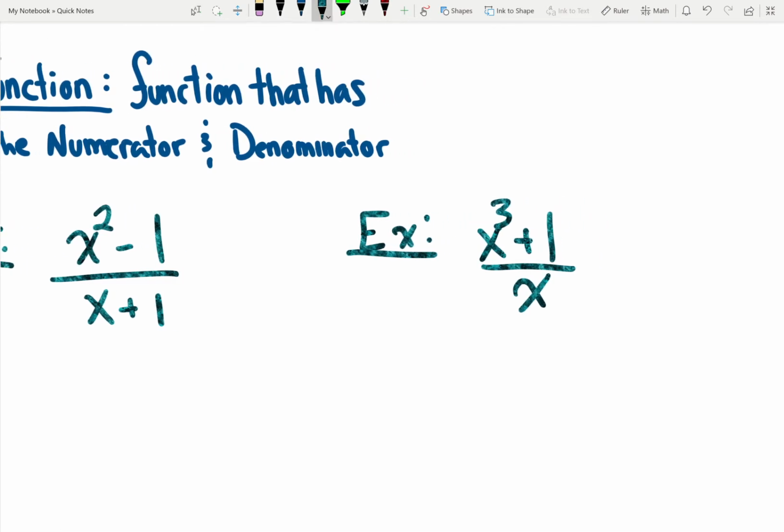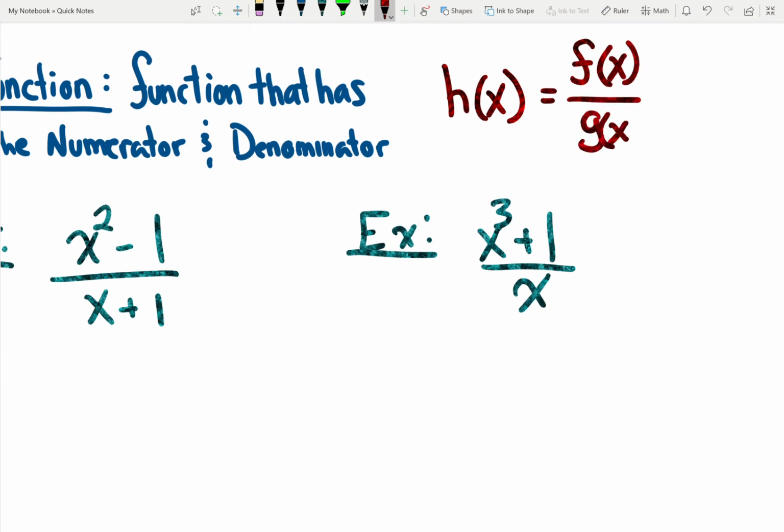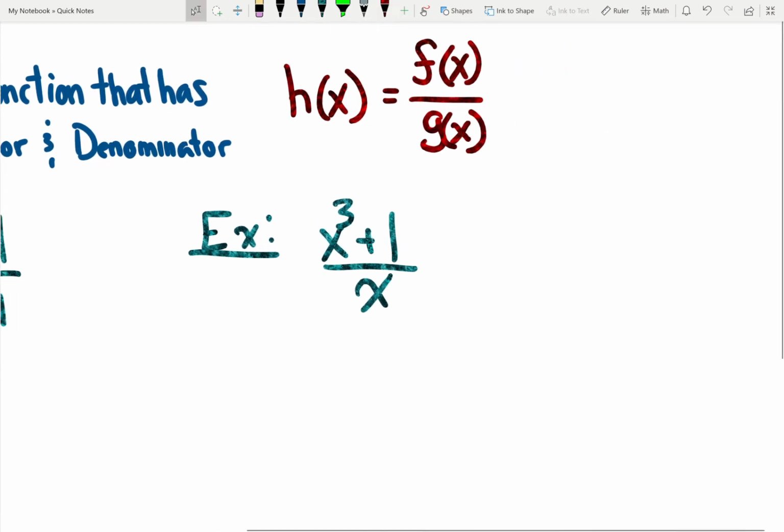You'll see it written in textbooks like this, where h of x equals f of x over g of x. This just means that we have some polynomial, some plus or minuses of x's, divided by some other polynomial.